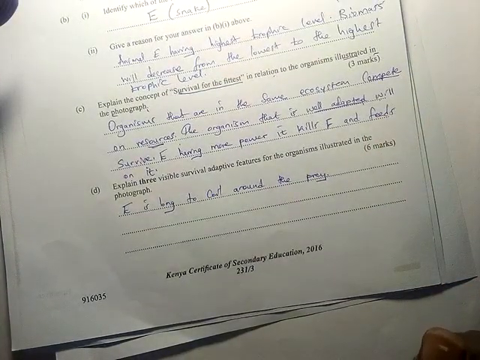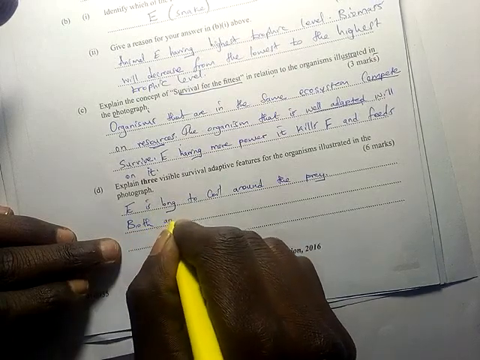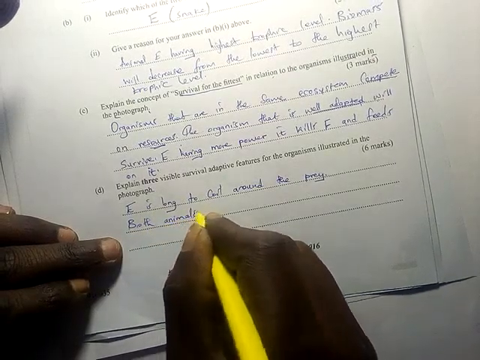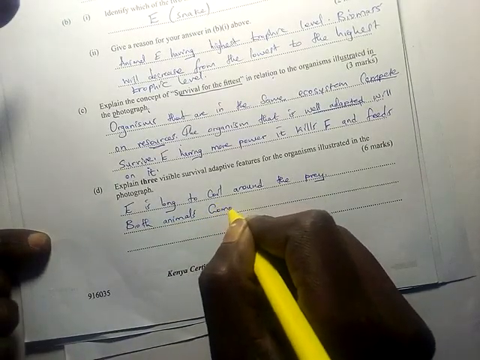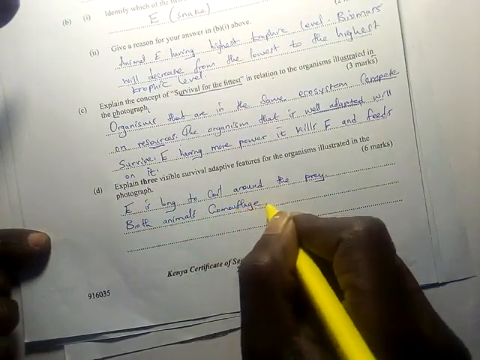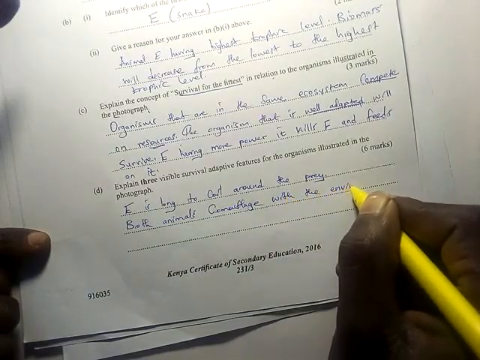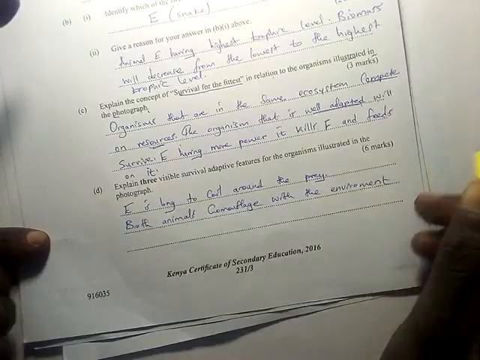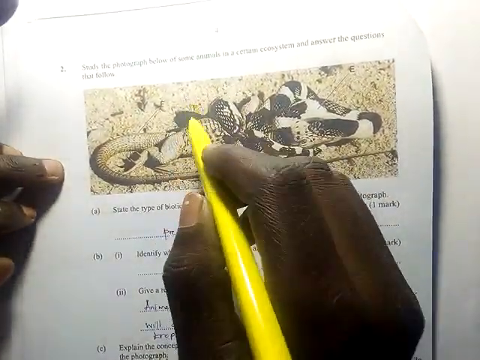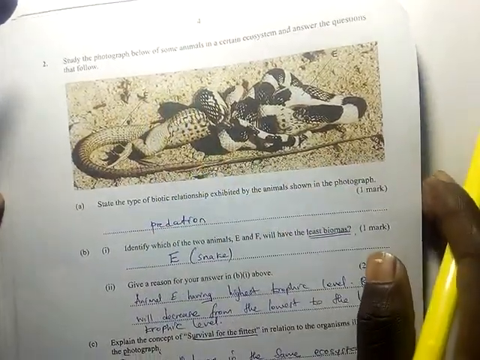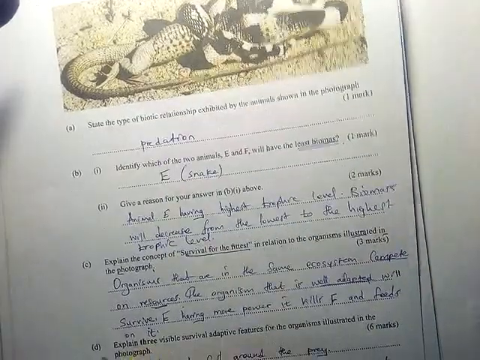And then you see both E and F, both animals camouflage with the environment. The environment here is brown and both of them are brown. That is to camouflage.